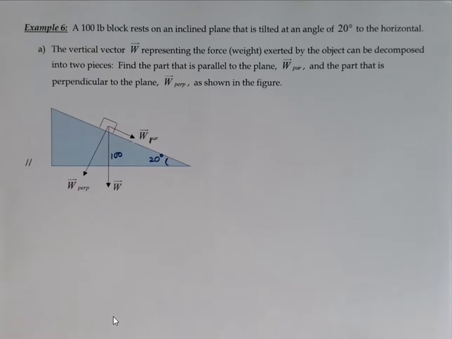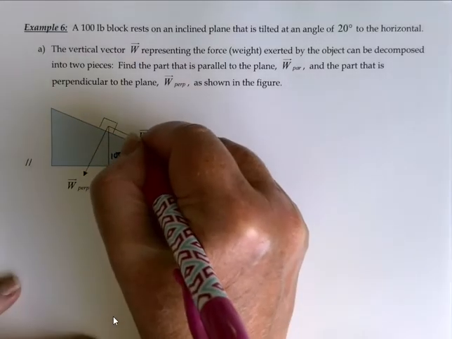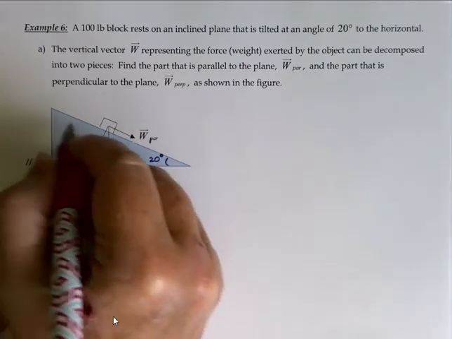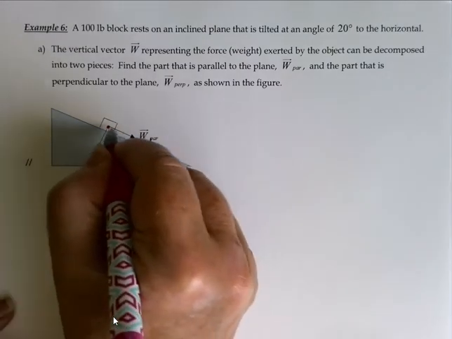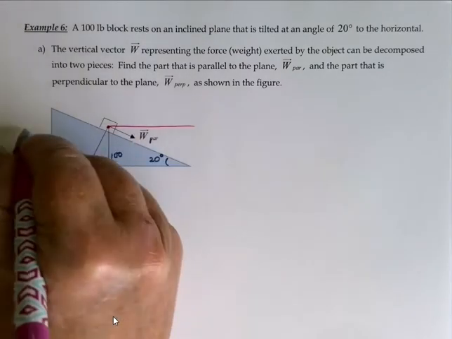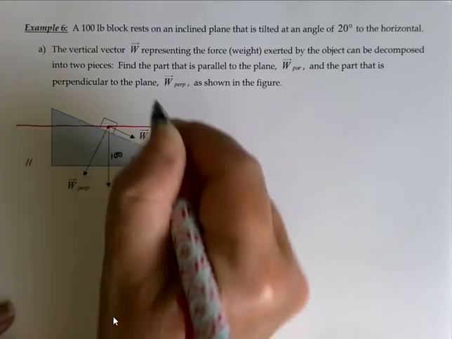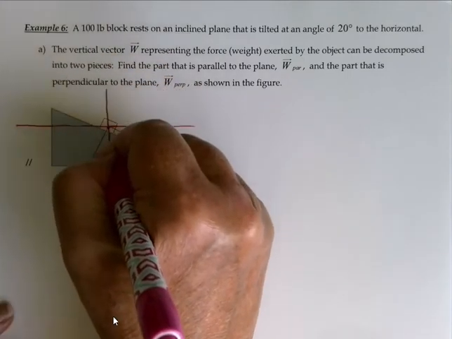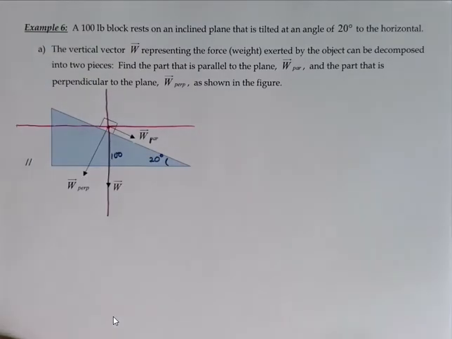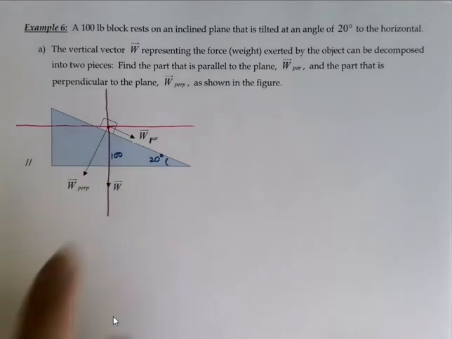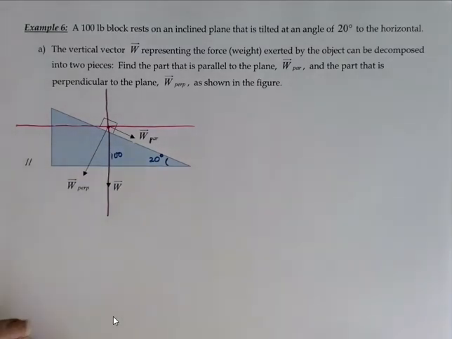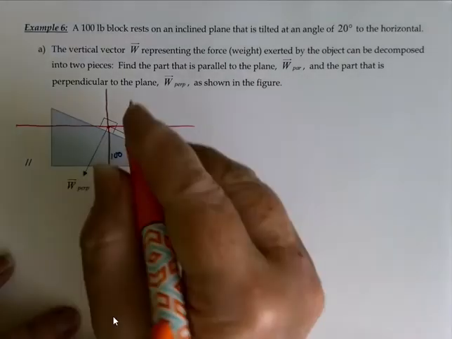So first of all, let's talk about W parallel. If I were to put some axes in here, I'm going to use this as my origin. Then I know that since this is a 20-degree angle, let me see, I'm actually going to go ahead and include a few dotted lines here as well.